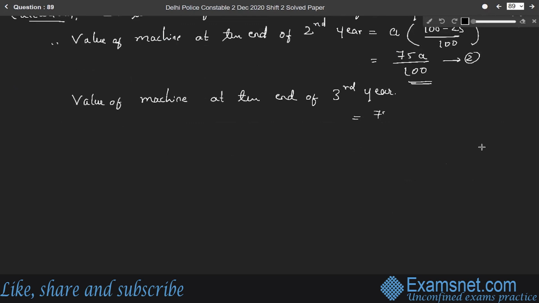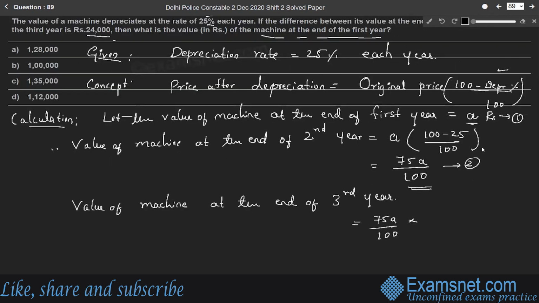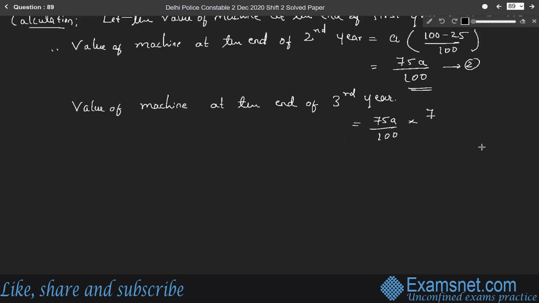So original value is 75A by 100, right? Into 100 minus depreciation, 25%, that is again 75 by 100, right? Consider this as equation 3.